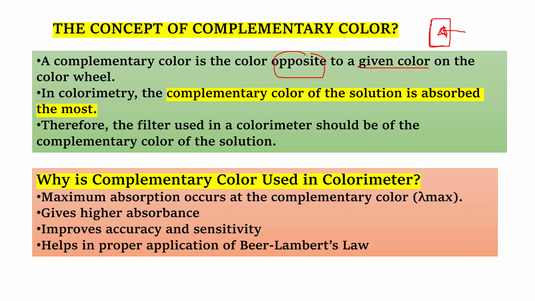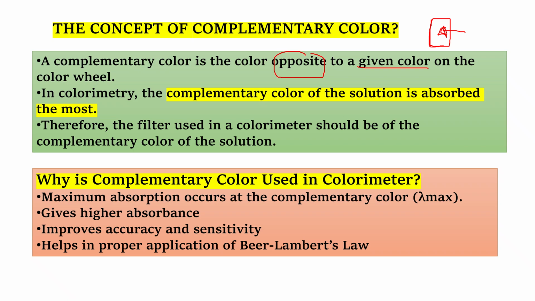So there are two colors: one is the color of the solution, and the other is the color which is absorbed by the solution. The color absorbed by the solution is called the complementary color of that solution. Therefore, the filter used in the colorimeter should be of the complementary color of the solution.